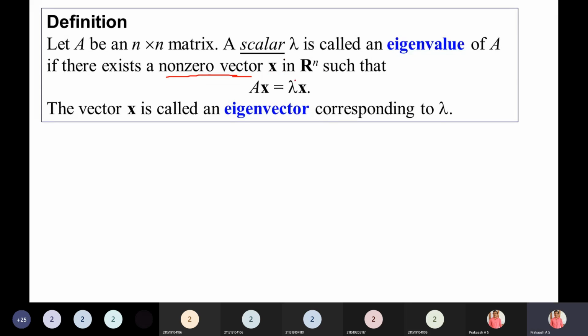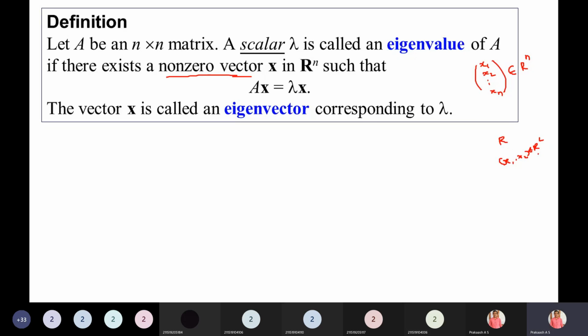Here R power n means a column vector x1, x2, up to xn. This belongs to R power n. So R1, R square: R1 is nothing but the real numbers, and R square has elements x1 comma x2.